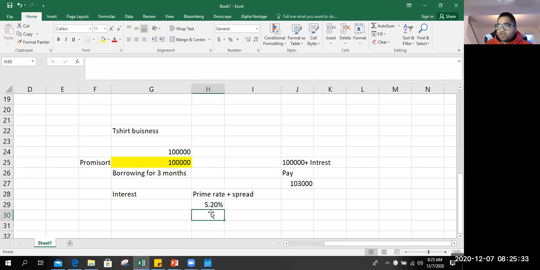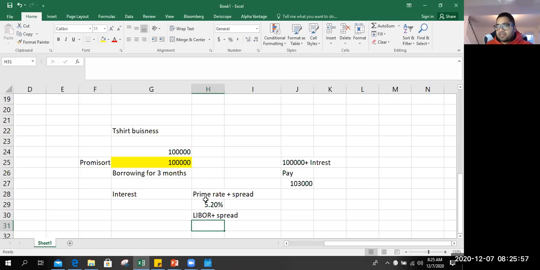Okay. So in Canada, we use prime plus spread. If you're looking at London, it uses LIBOR plus spread. LIBOR is London Interbank Exchange Rate. So if you're based in London or European markets, they generally use LIBOR plus spread.